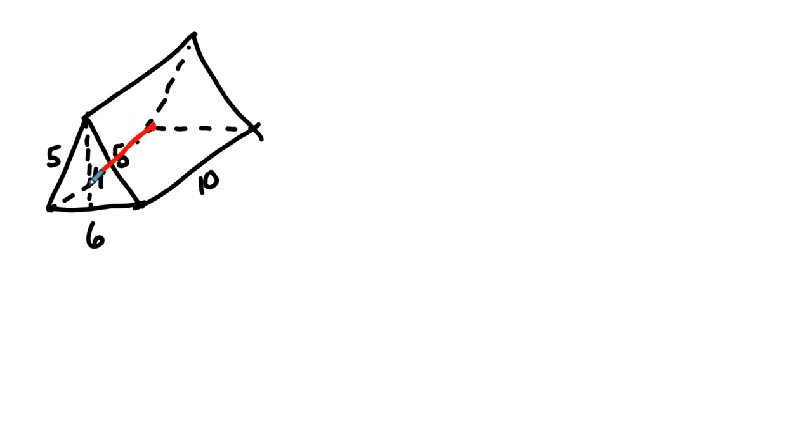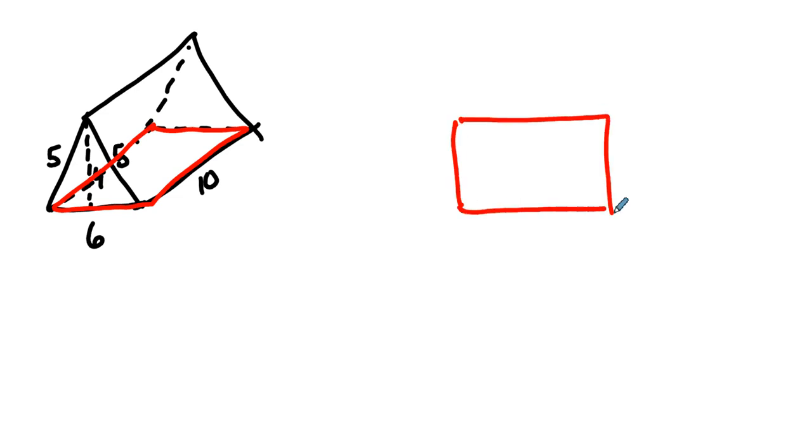Okay, so there's a base that's sitting on the ground, and that's a 6 by 10. Then there's this rectangle here, which is going to show up over here, and that rectangle is a 10 by 5.